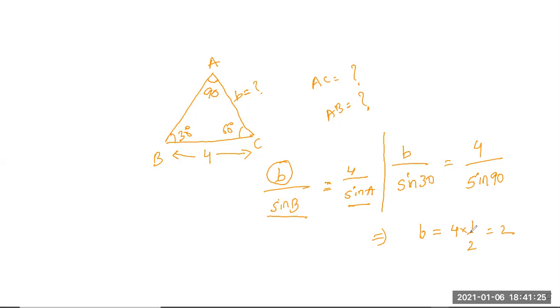So this is very simple, right? Sine 90 is 1. 4 into sine 30 is 4 into 1 by 2, which is 2. So b is 2.